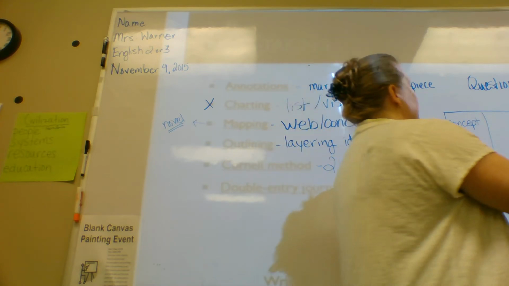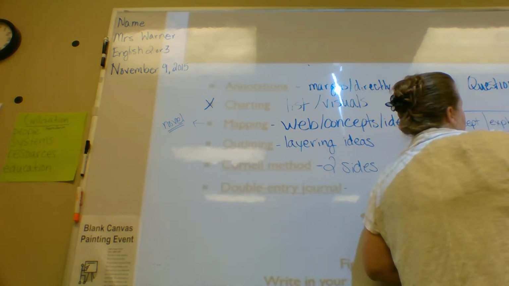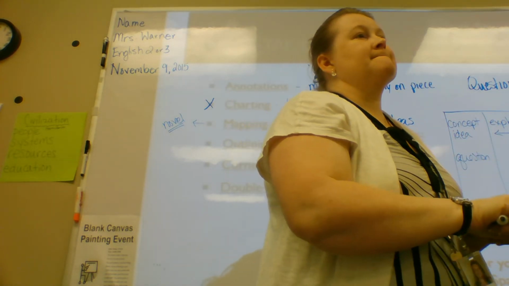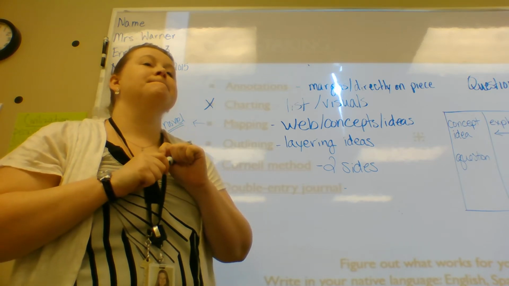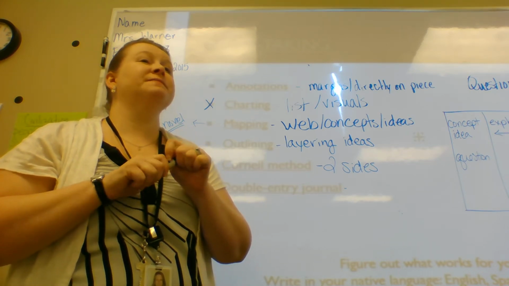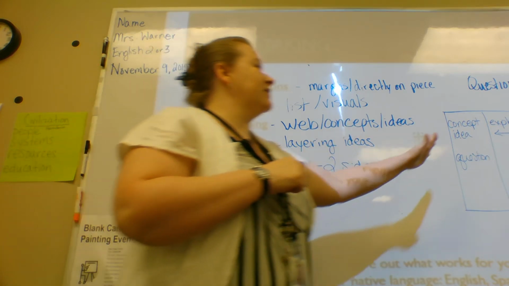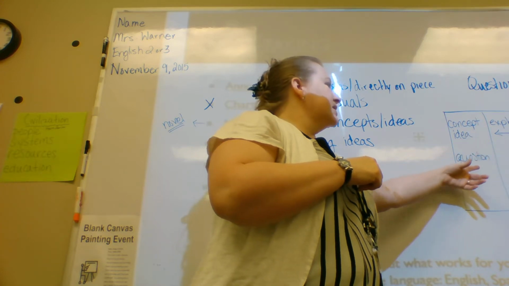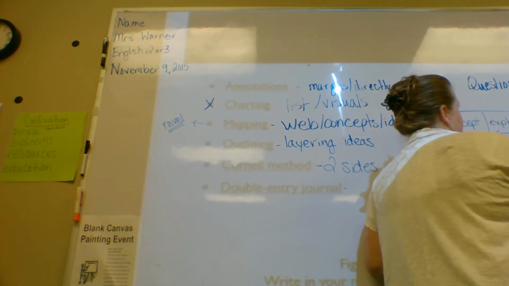And on the other side, you explain those things. Do you have a question? Ladies, do you have a question? Okay. So on one side, you have a concept or an idea. On the other side, you explain it. On one side, you have a question. On the other side, you answer it.